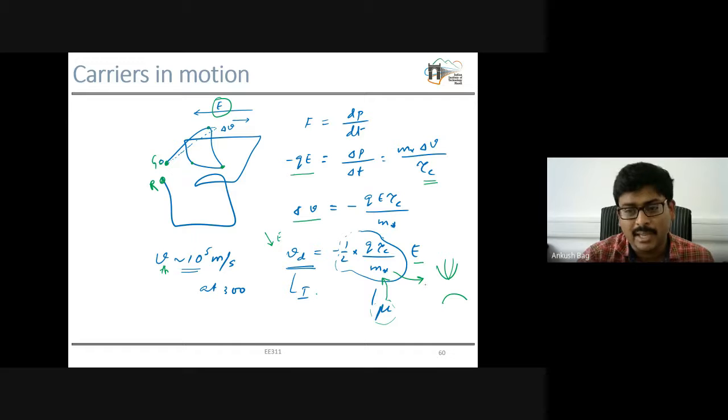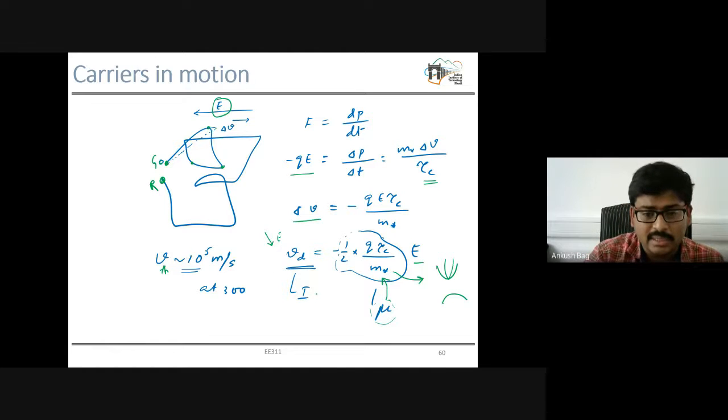For a particular application, if we want to meet it, then all the way from the material, band structure, everything, we need to understand. Okay, now coming back to our topic, now we have this current. Now the next question is, we have already calculated that our thermal velocity is very high.